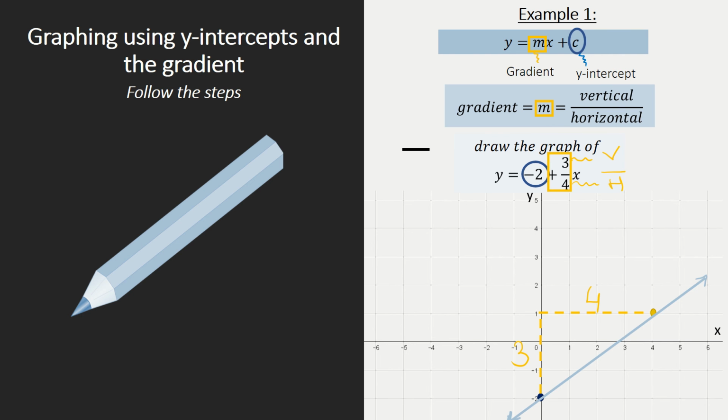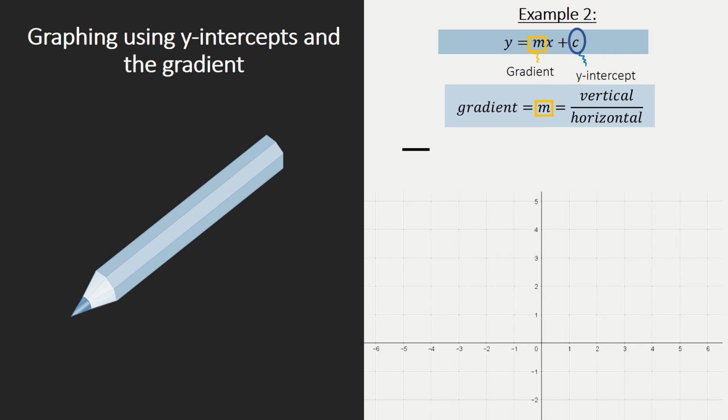Alright, now we were lucky because we had a fraction as a gradient. But what do you need to do when you have a negative gradient? So again, never forget the x and the y. And in this example, you need to draw the graph of y equals minus 2x plus 4.